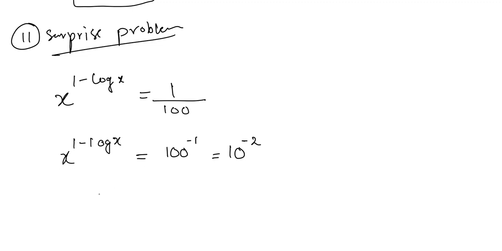And by taking log on both sides, we know that by taking log we can actually take this power into the coefficient. So it will be written as 1 minus log x into log x is equals to log of 10 raised to the power minus 2. So minus 2 will be down here.